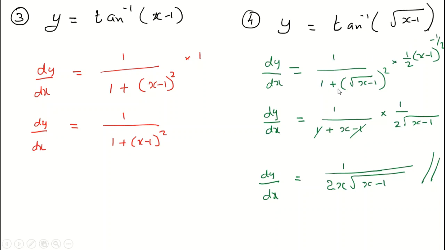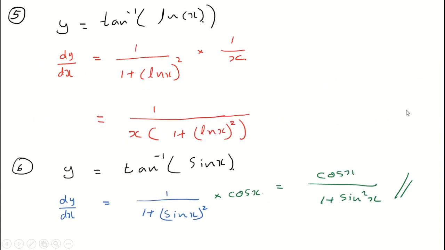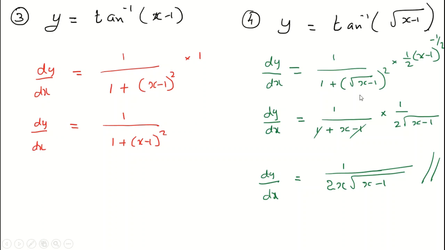So 1 over 1 plus (root of x minus 1) squared, into half, when you differentiate this one, half (x minus 1) to the power of half minus 1, because this could be written as (x minus 1) to the power half. Half minus 1 is minus half. So you can write this as 1 over root of (x minus 1), and here when you square it, it will be x minus 1 plus 1, minus 1 goes. Then it could be written as 1 over 2x root of (x minus 1).